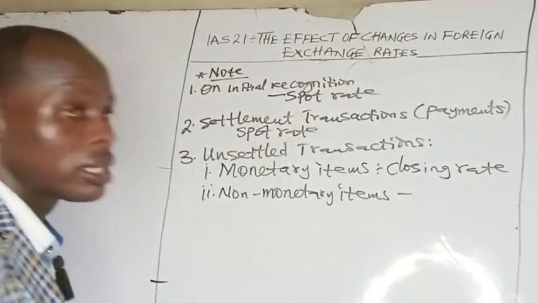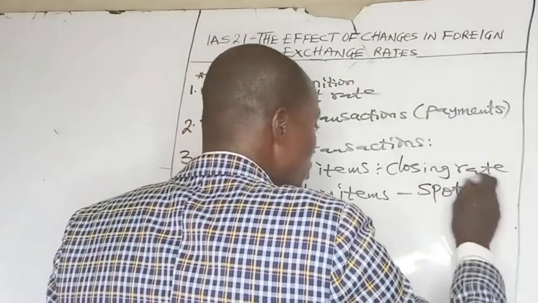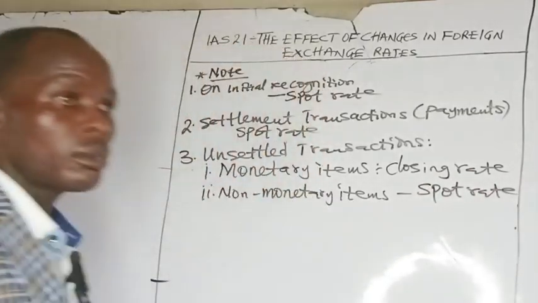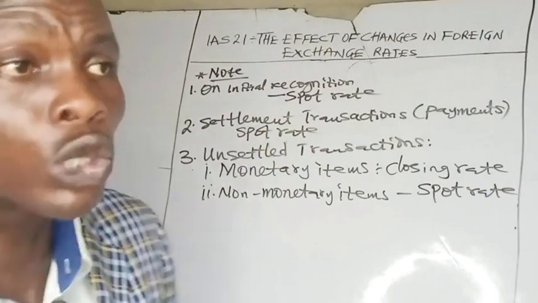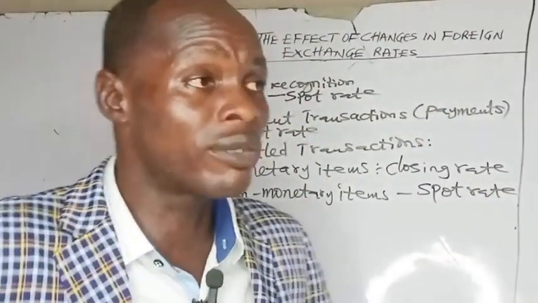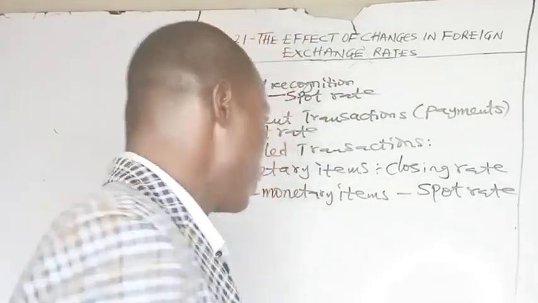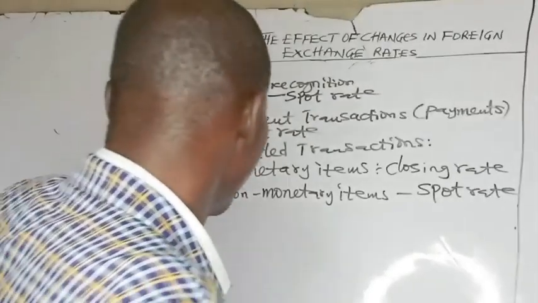Non-monetary items are translated at the spot rate, that is, when cost was first measured. The spot rate when the cost of that item was first measured. These are what you should take note of.